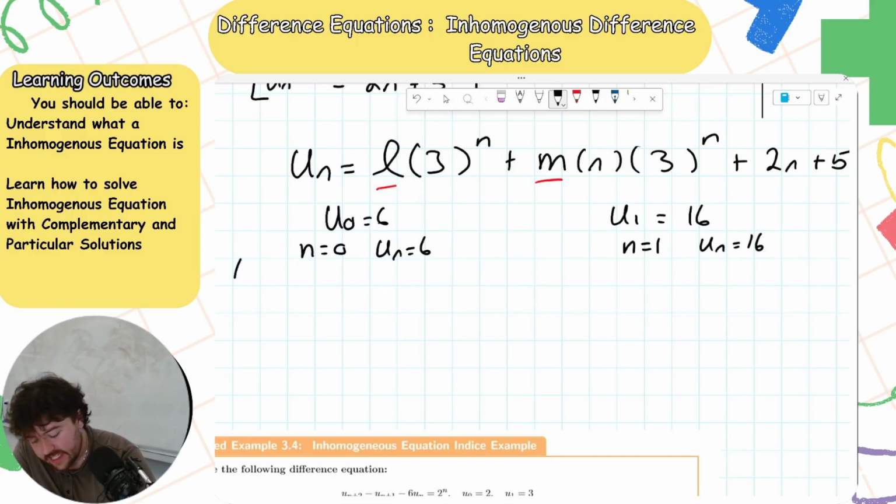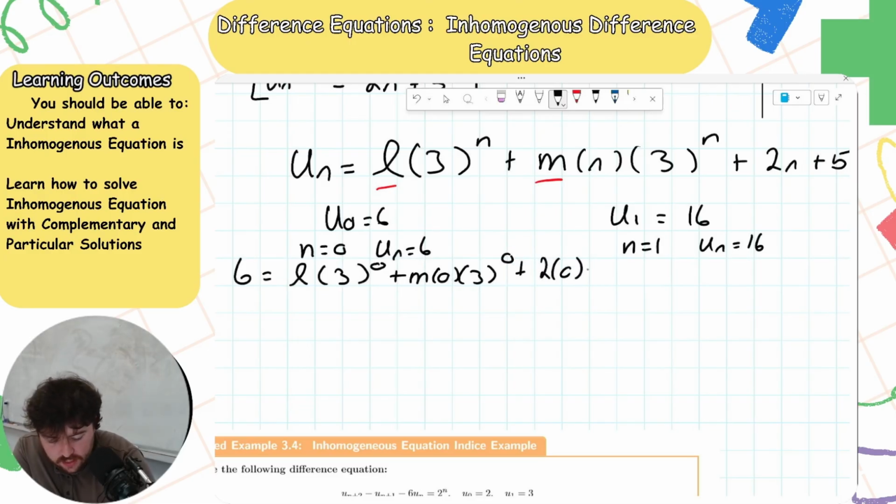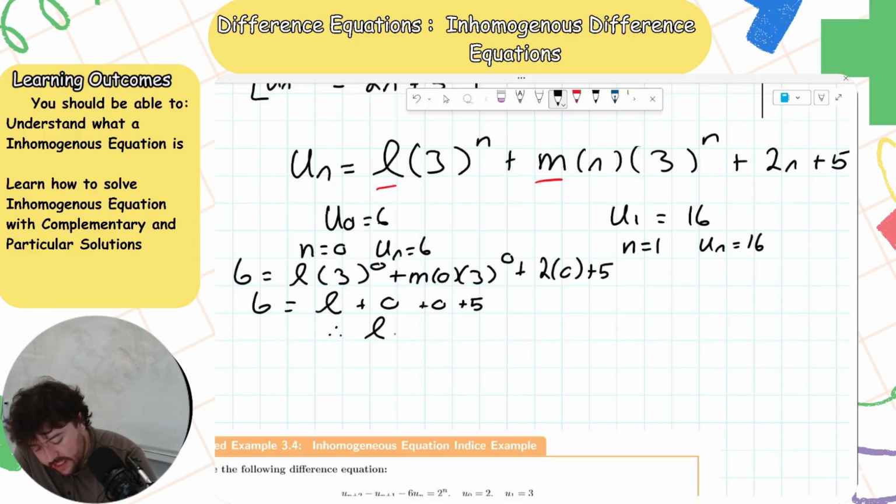So I have 6 is equal to L times 3 to the power of 0 plus m times 0 times 3 to the power of 0 plus 2 times 0 plus 5. It's going to be 6 is equal to L times 1, because anything to the power 0 is 1, plus 0 plus 0 plus 5. Get L on its own. 6 minus 5 is 1. So L is equal to 1.